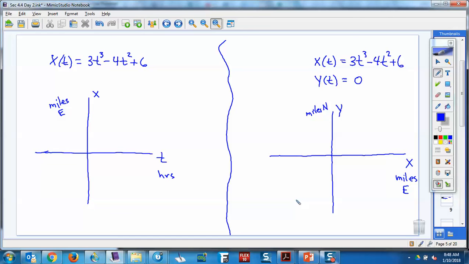All right, so go back to your function mode now. Everybody go into your function mode on your calculator and graph that equation on the left. Now remember, in function mode, you have to use x's.